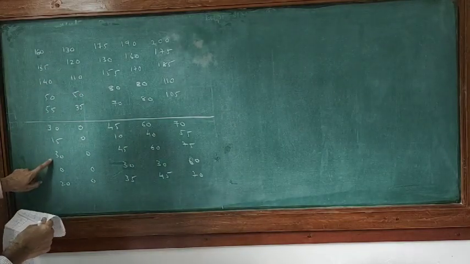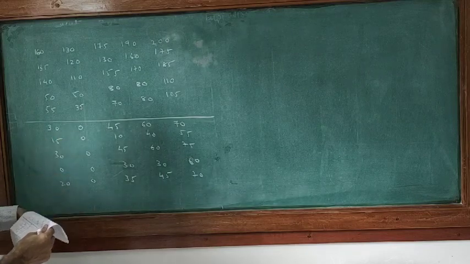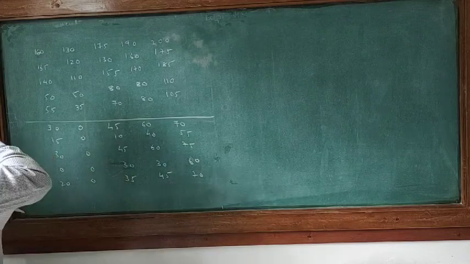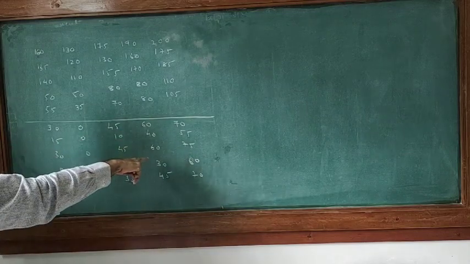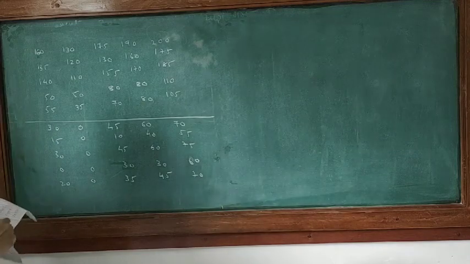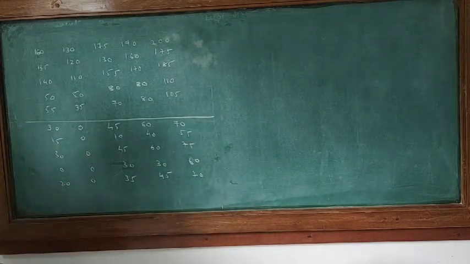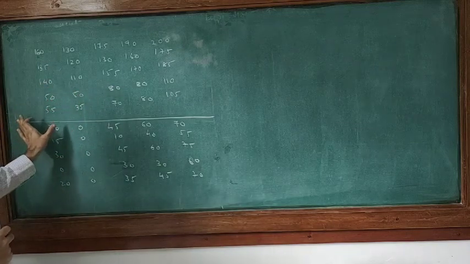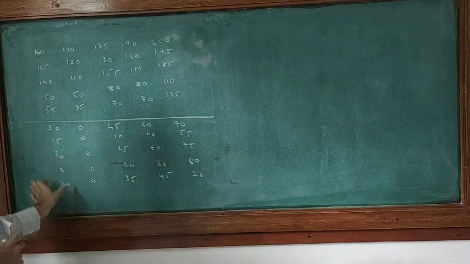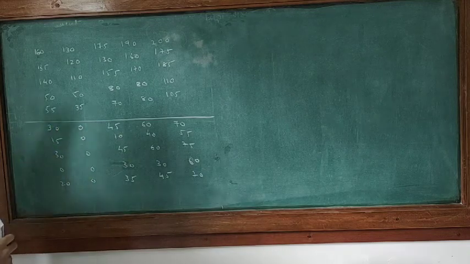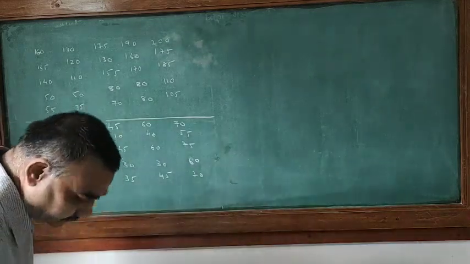30, 15, 30, 0, 20, all 0, 45, 10, 45, 30, 35, 60, 40, 60, 30, 45, 70, 55, 75, 60, 70. Okay. Then what we do in the next step, we find the minimum entry in the column and subtract it from each of them.